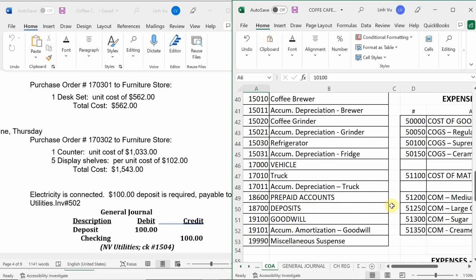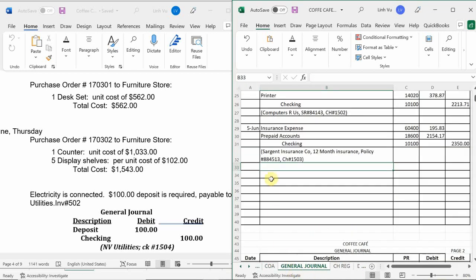How would I record this electricity deposit? Deposits, right? Straightforward. So in this case, 18,700. And how are you going to pay? Checking, right?